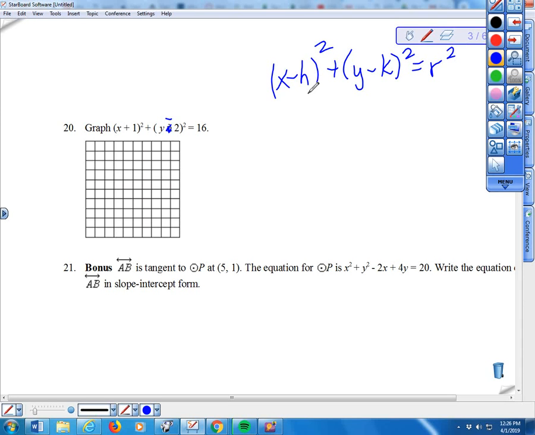What's h and what's k in this formula? -1 is h, because this says x minus, right? Yep. So let's go ahead and just draw my -1, +2, and the radius is, what's the square root of 16? 4. So I'm just going to sketch it. Just going to go out 4 from that center. 1, 2, 3, 4. Something like that.